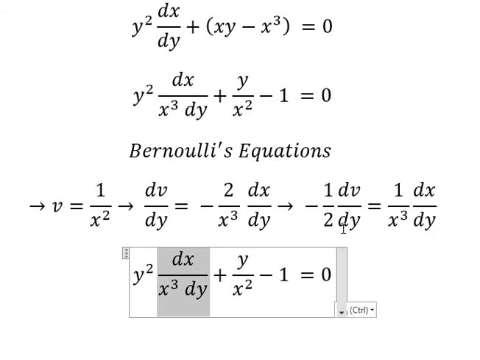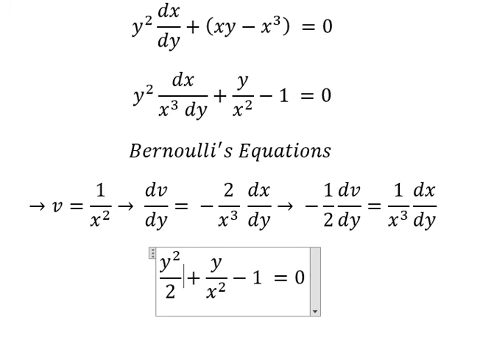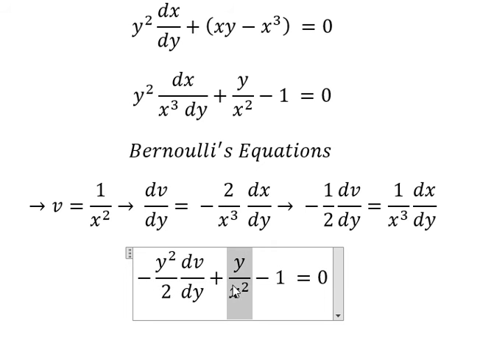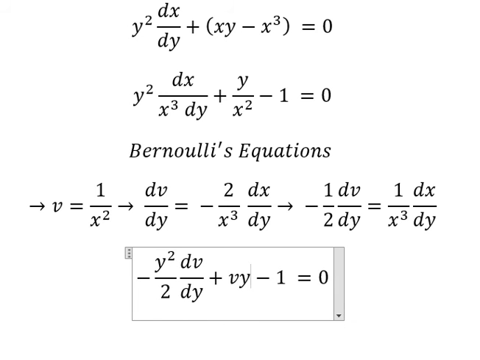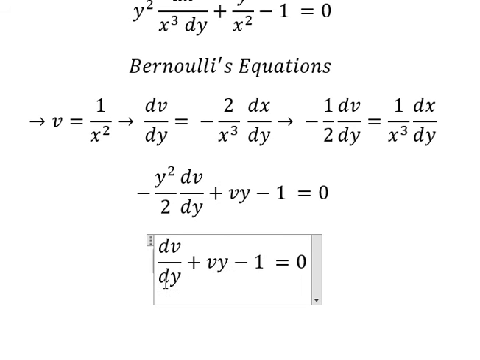So this one we change by this one. This one we change by v. Next, we divide both sides by negative y squared over 2.